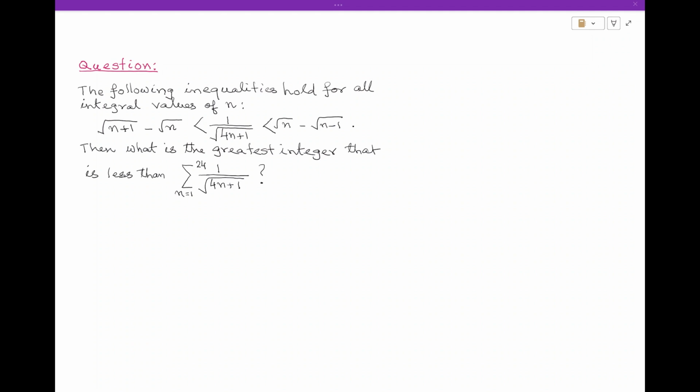Then what is the greatest integer that is less than the summation of n equals 1 to 24 of 1 divided by square root of 4n plus 1?